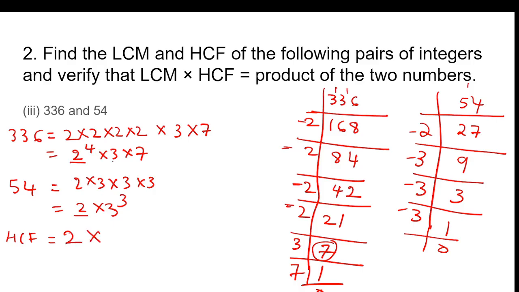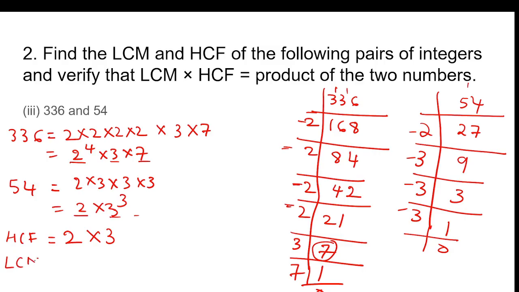Into, here 3 to the power 1 is there, and here 3 to the power 3 is there. Which is common? 3 to the power 1 is common. Correct. So 3 to the power 1 means 3. Here 7 to the power 1 is there, but here 7 is not there. So my HCF is going to be 2 into 3.